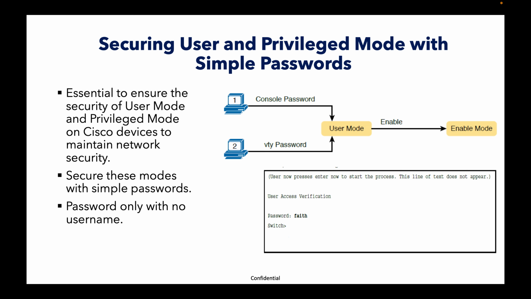So once you log in using a console or telnet and you put in the password, you need to type in enable. Once you type in enable, you will be prompted with the enable password. Once you have configured the enable password, you can type it in, and then it allows you to successfully log in into the enable mode.